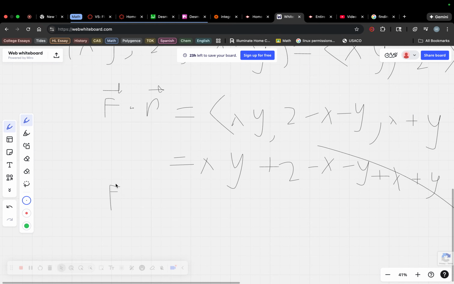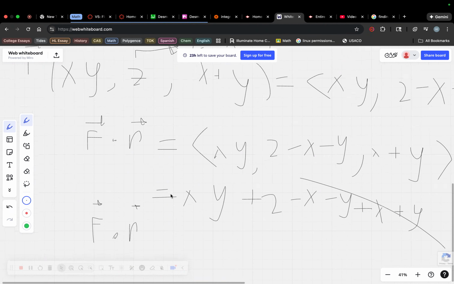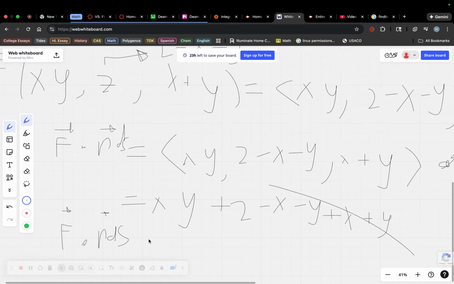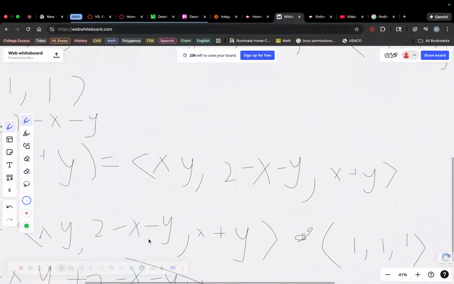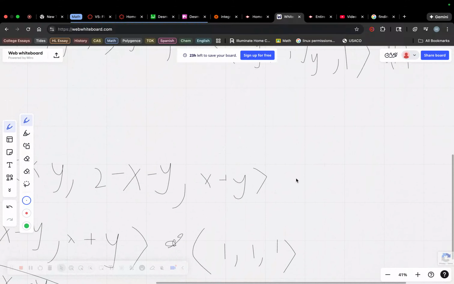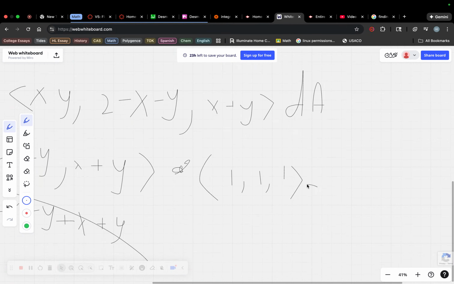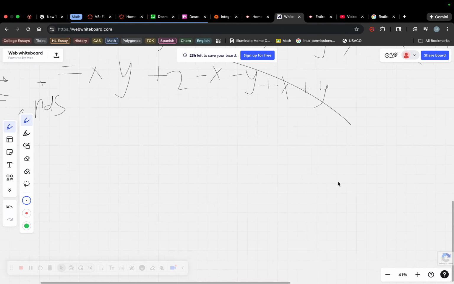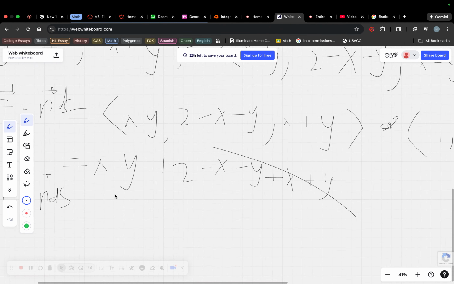So f dot n ds, and then this whole thing, we have to include the dA, equals just xy plus 2, and then for this we have to include the double integral over S.